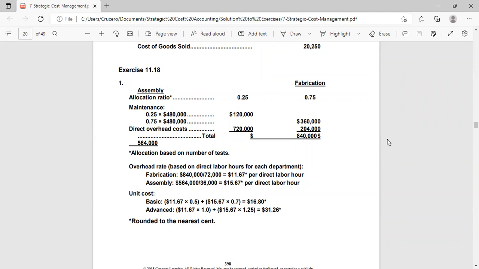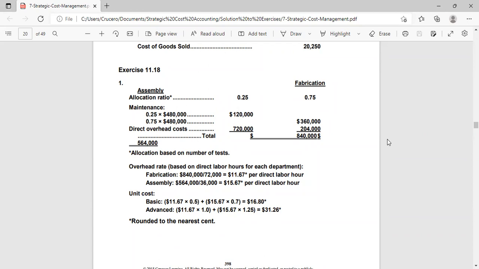And we have now the direct overhead cost, 720,000 to fabrication. And we have the amount of 204,000 to assembly. So let's try to correct that: maintenance, 0.25 times 480,000, 120,000 is to assembly, and the fabrication, 360,000. Okay.